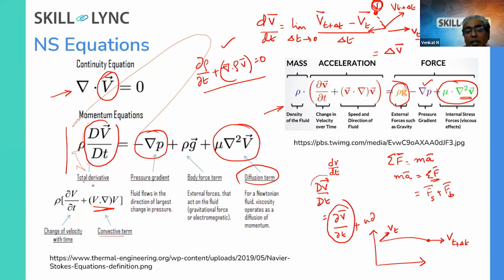Similarly, here the diffusion parameter is viscosity. It was thermal conductivity there, it is viscosity here. So depending on the viscosity, the momentum diffuses faster or slower, right? So this is the diffusion term, and this is what we are talking about, the momentum equations.